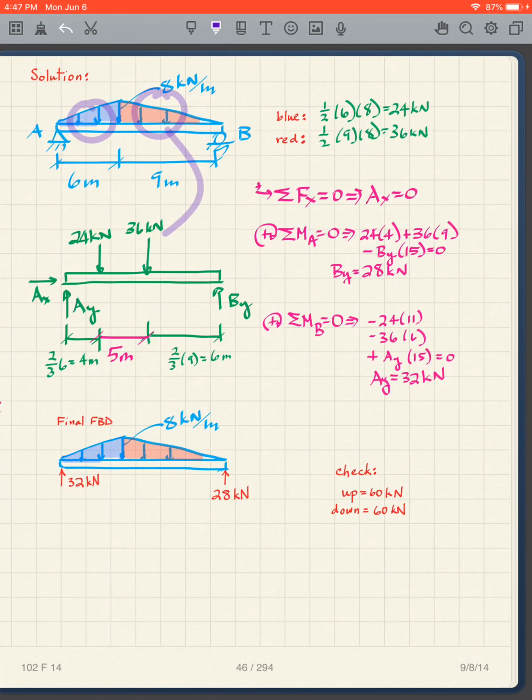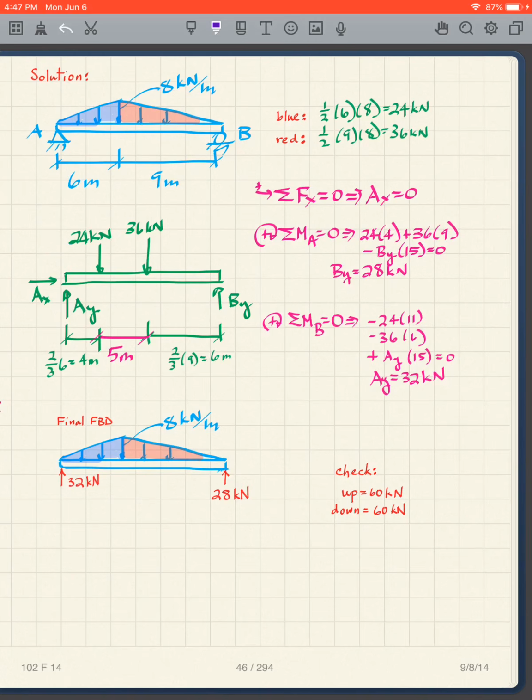And 1/2 the base times the height of this one is 24 kilonewtons. So in that sense, this is pretty easy, assuming you got your 1/2 base times the height, so that's pretty straightforward.